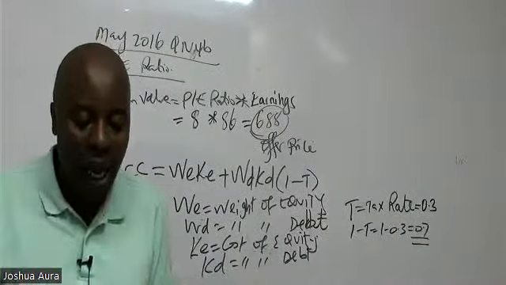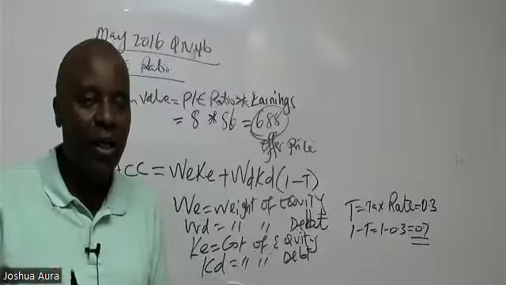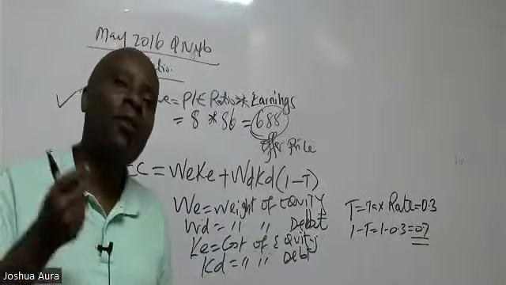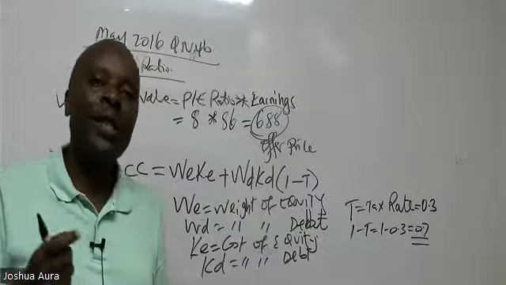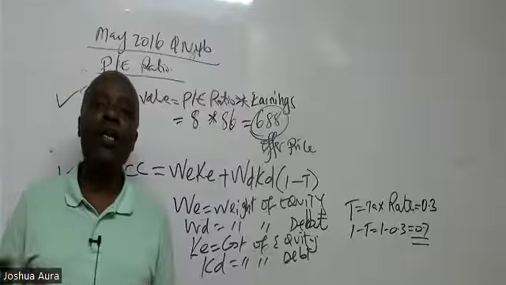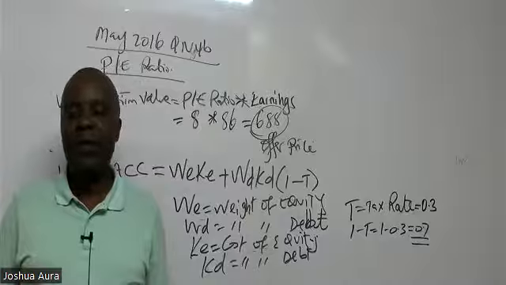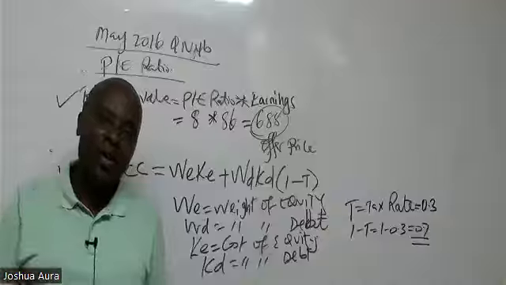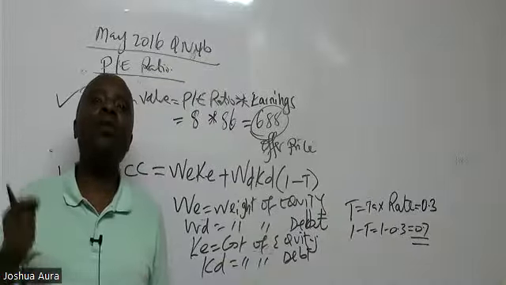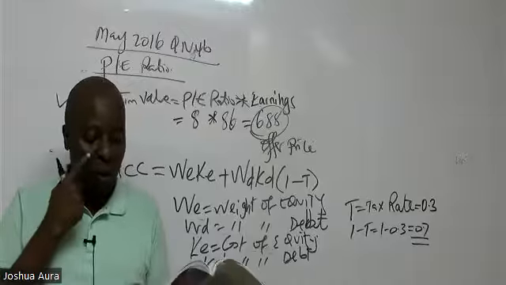Could you kindly underline for me the word gearing? Gearing has got every association with debt. Gearing and debt are one and the same. So whenever you hear of gearing ratio, this automatically is the same as what here? Weight of debt. You don't even have to reason at all.